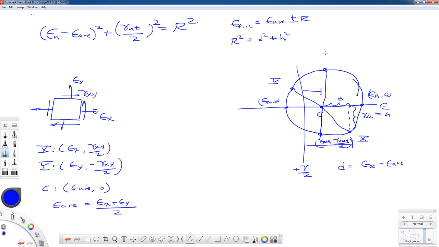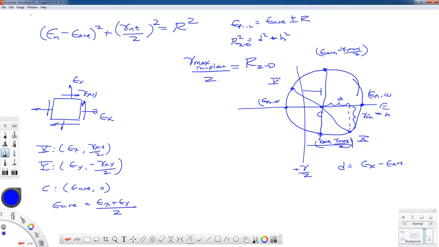And up at the top, this would be epsilon average, comma, gamma maximum in plane divided by 2, but with a negative sign associated with it. So the maximum in-plane shearing strain divided by 2 would be the radius of this, what I'm going to call my 2D circle. And this would be my 2D radius that I calculate right here. So the gamma maximum in plane would be twice the radius, or the diameter, of that Mohr's circle.